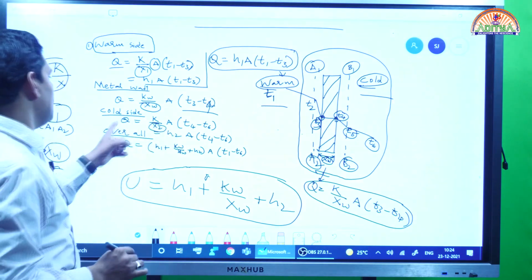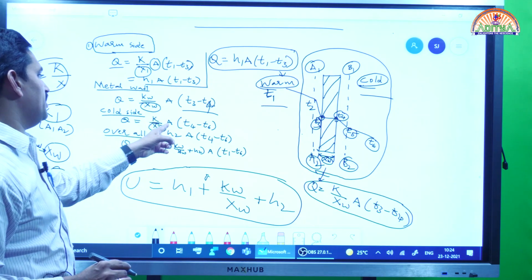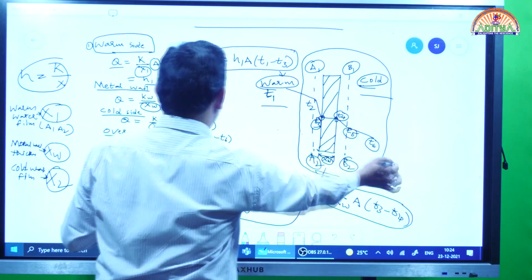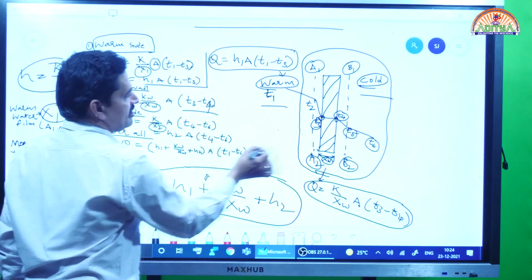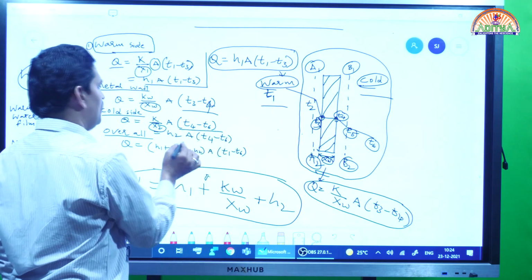Then the overall heat transfer Q is equal to K by x2 into A into T4 minus T6. This is the gradient. T4 is greater than T6, that's why we write the equation in such a way.